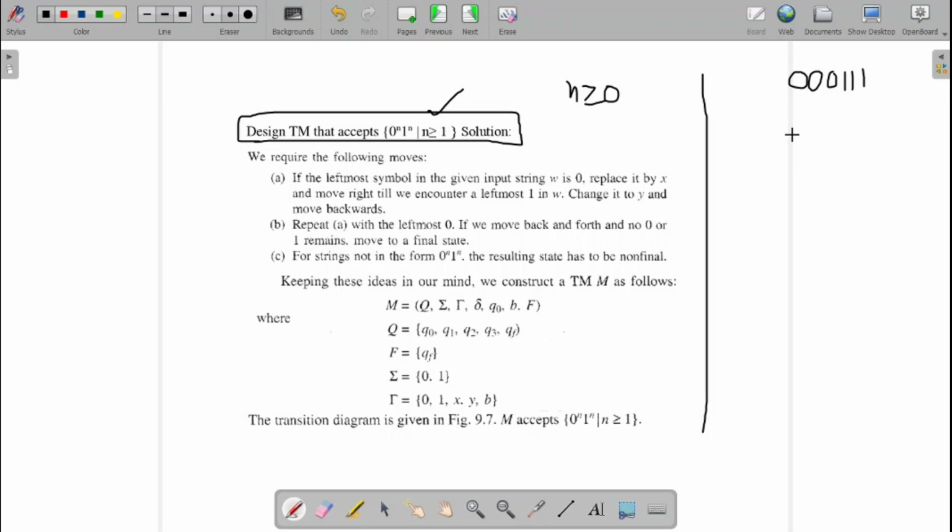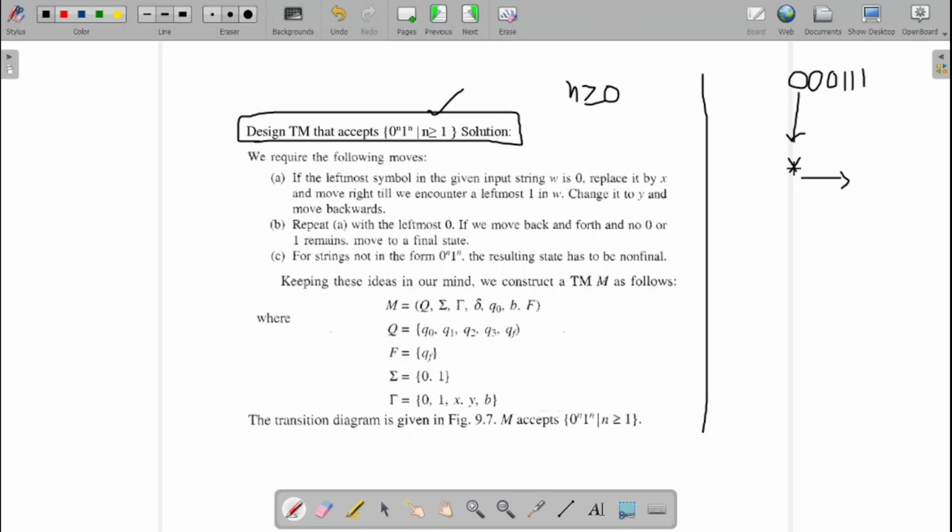So we will mark it. For the 0, I will replace it with x. The first 0 I get, I will replace with x. Then I will go in search of the matching 1, because for 0 power n 1 power n, for every 0 I should have a 1.